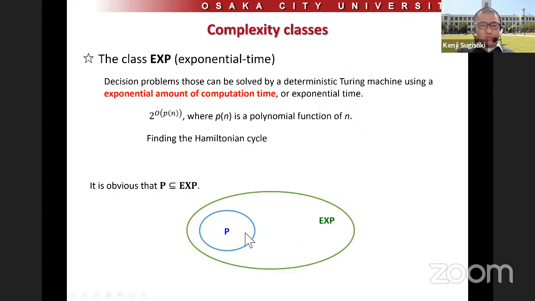But some of the problems are also solvable in polynomial time. I mean, the problems in class P are, of course, solvable in polynomial time.